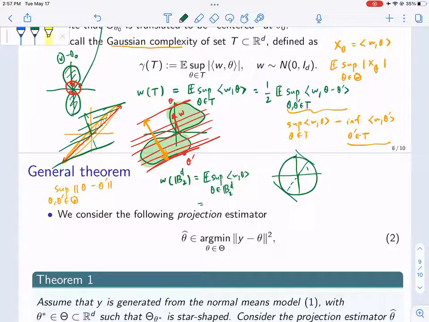So what is the supremum? Let's do it analytically. What is the supremum over this ball? W is like a vector. It would be the norm, the norm 2 of W, right? And not the square.